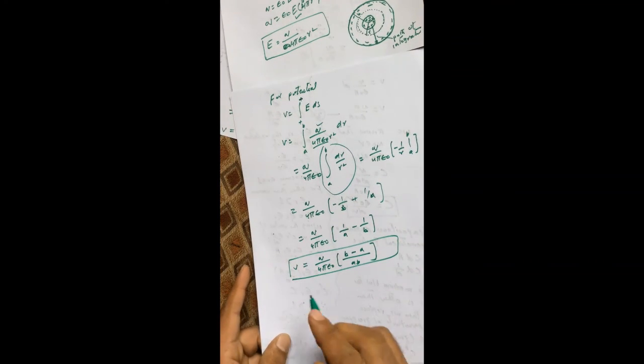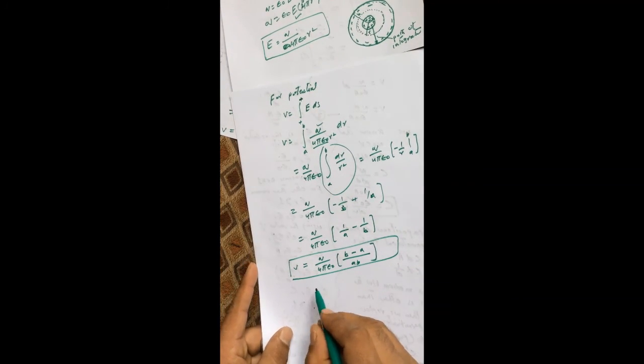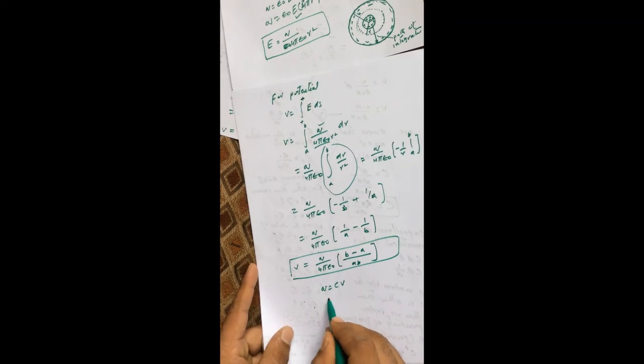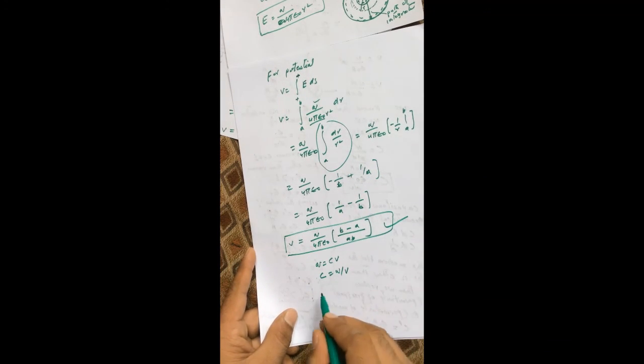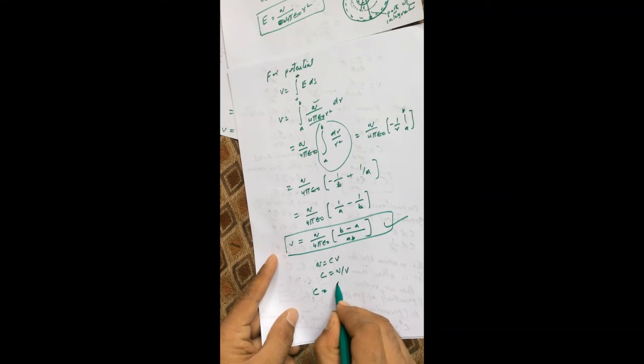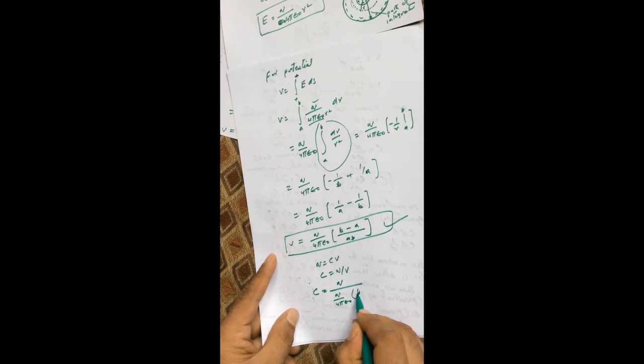Now to calculate the capacitance of this spherical capacitor, we use this relation. Q is equal to CV, or C is equal to Q over V. Now putting the value of V from this equation, we get C is equal to Q over 4 pi epsilon naught into B minus A over AB.